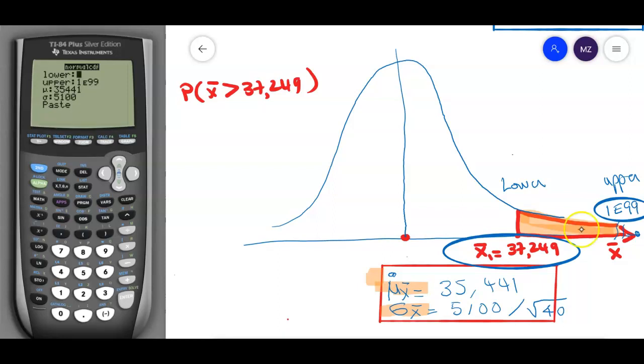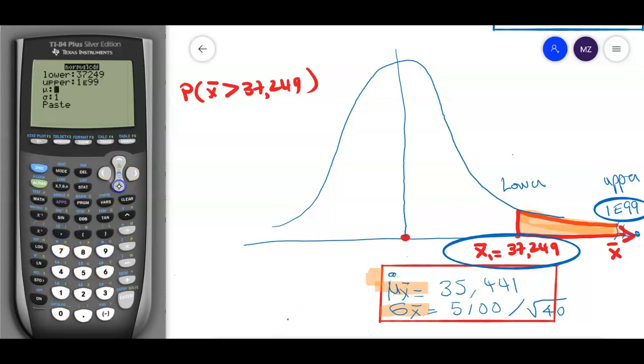Now, if I go to the calculator, I'm going to put the lower bound. So how do you go to the calculator again? You're going to go second vars, and then the second one, normal CDF, enter. By default minus infinity is the lower bound, but you need 37,249 there, so you clear this one and put 37249. Then the upper bound, which is 1 E, second and comma, that's E, and 99 here.